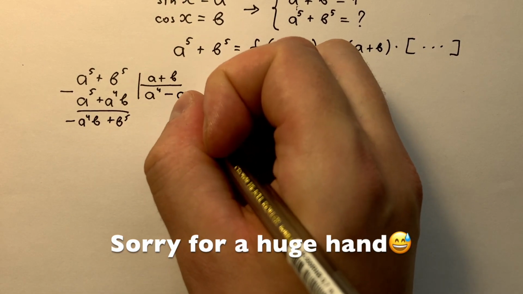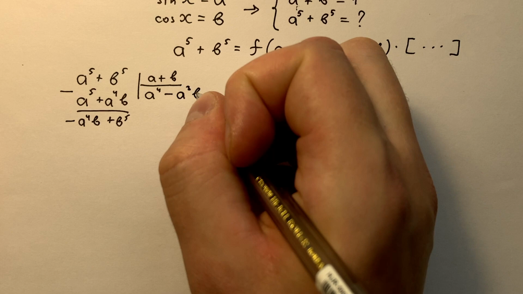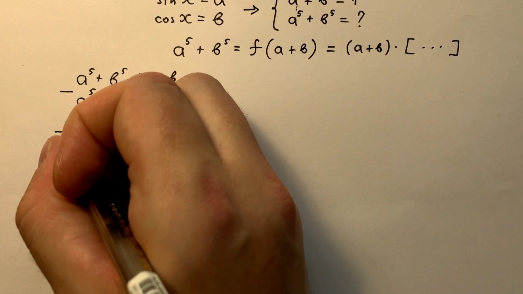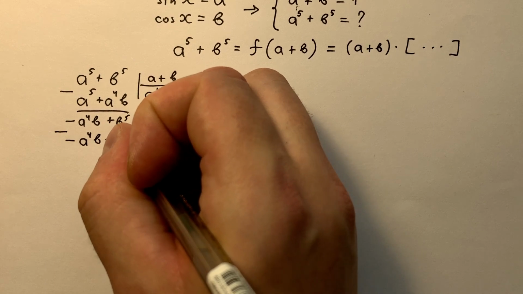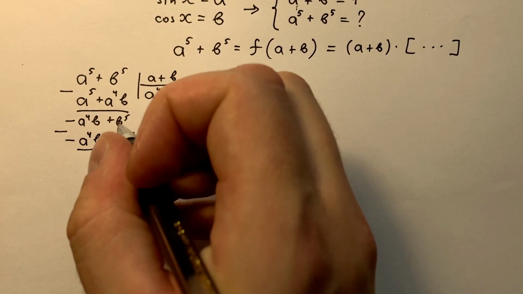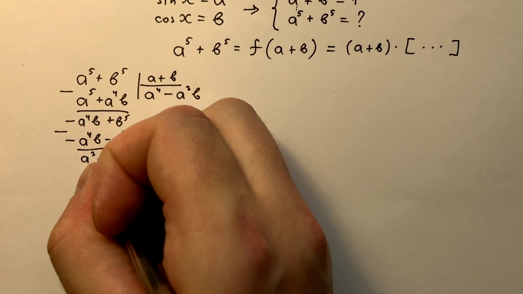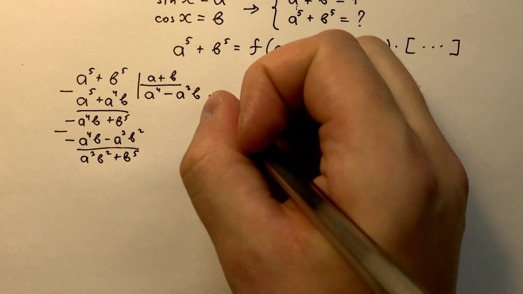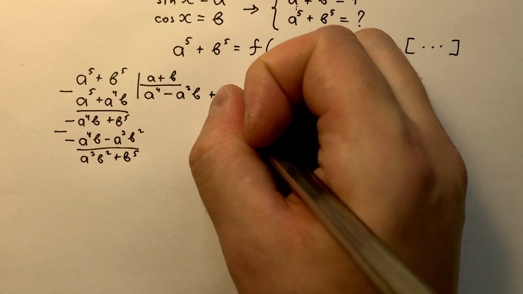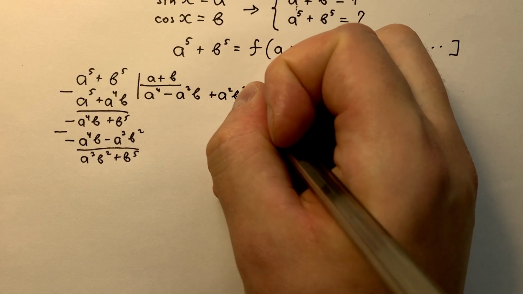Here we have minus a to the power of 3 times b. Here we have minus a to the power of 4 b, minus a to the power of 3 b to the power of 2, minus a to the power of 3 b to the power of 2 plus b to the power of 5. And here we have plus a to the power of 2 b to the power of 2.